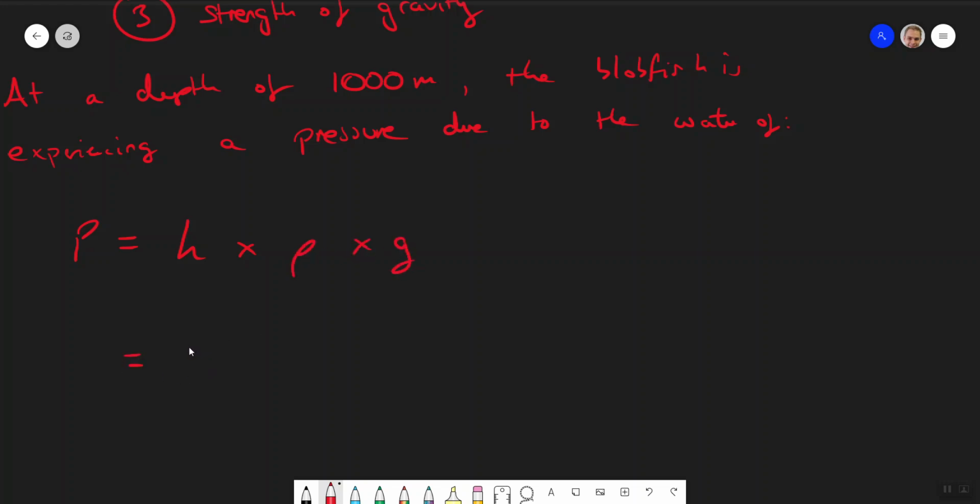So that equals height is 1,000, density is also 1,000, gravity is 10. Well, that equals 10 million pascals.